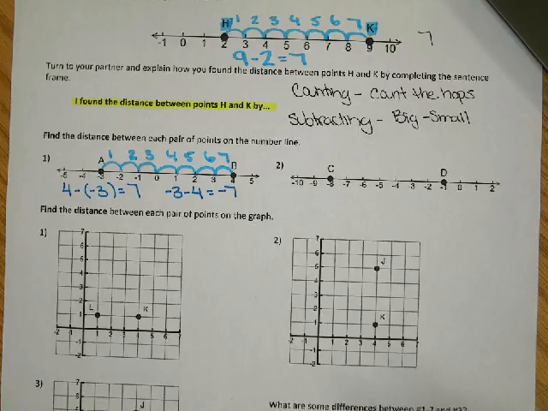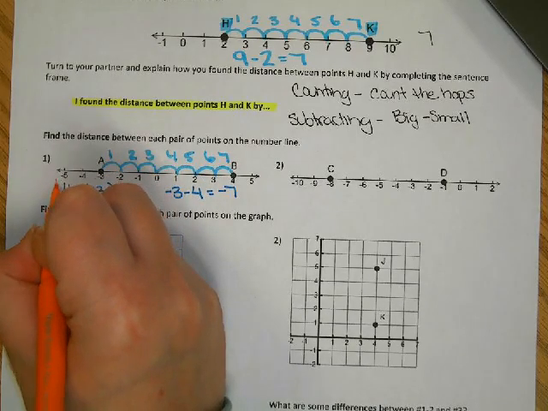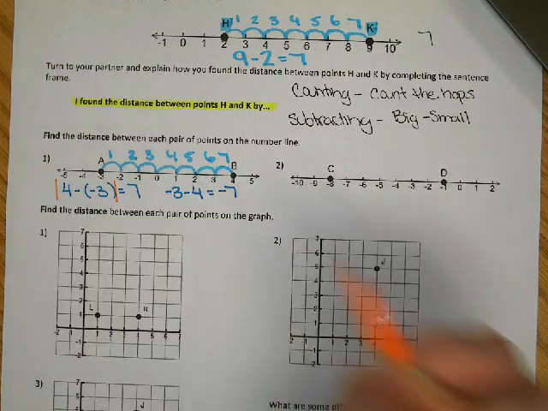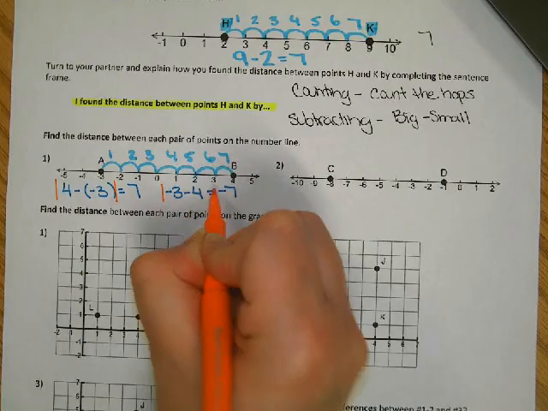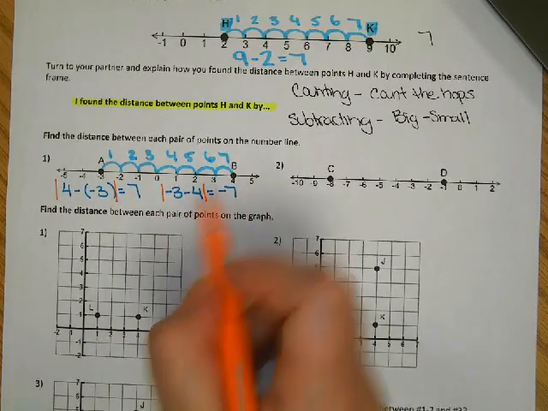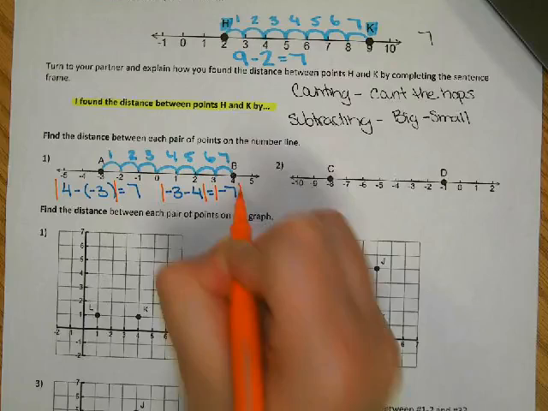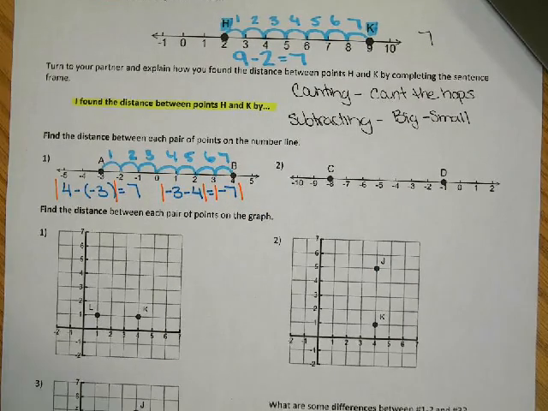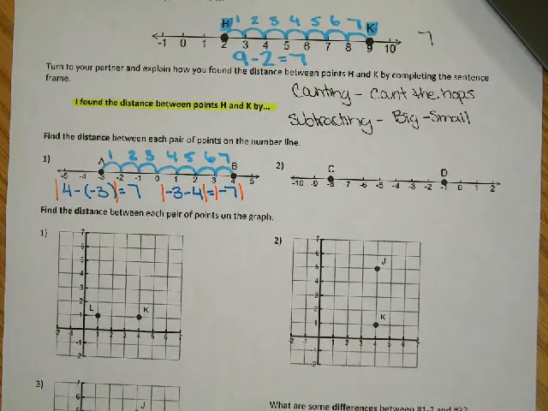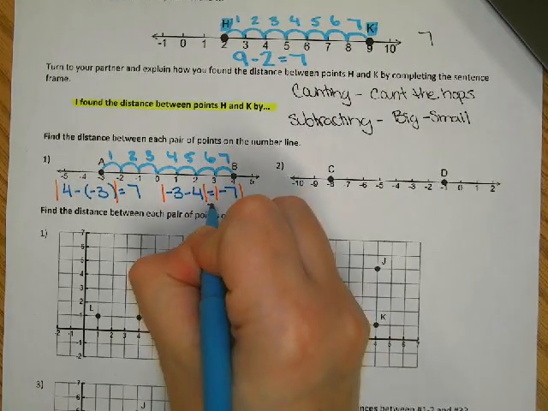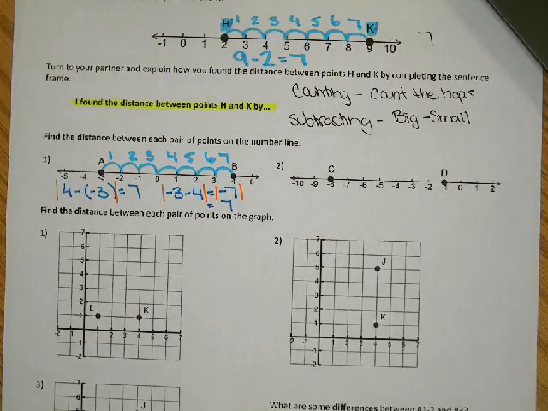Okay. So absolute value means that you're going to be looking at the positive value no matter what. So if we take the absolute value of negative 7, we're still going to end up with 7. So whenever you're finding the distance, it's always going to be absolute value. Okay. How about number 2?